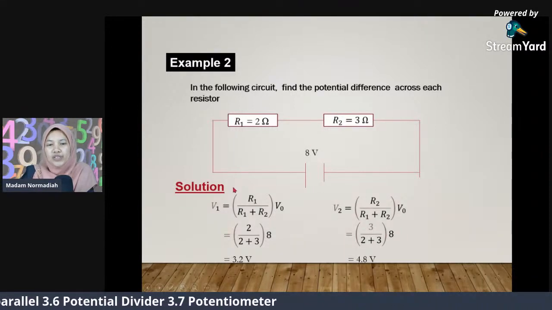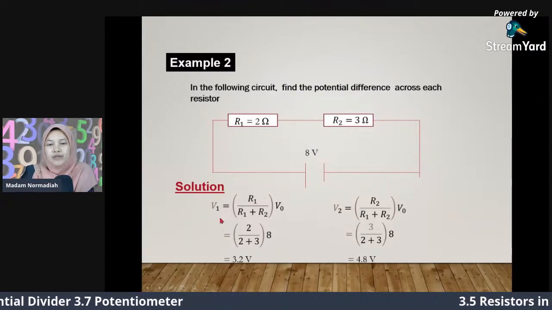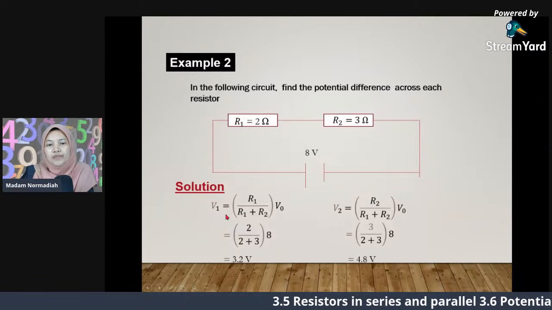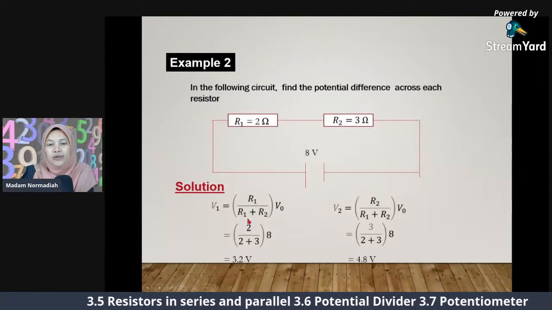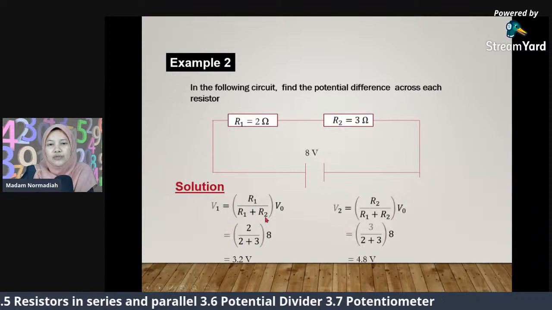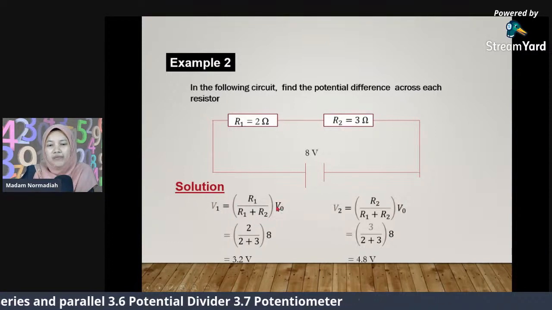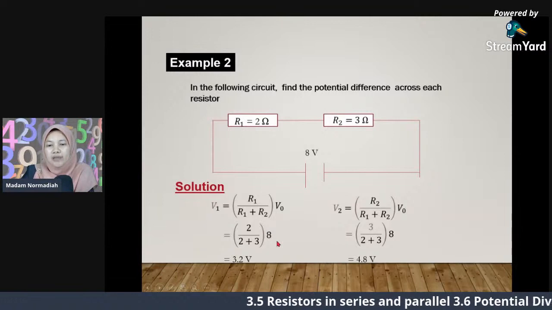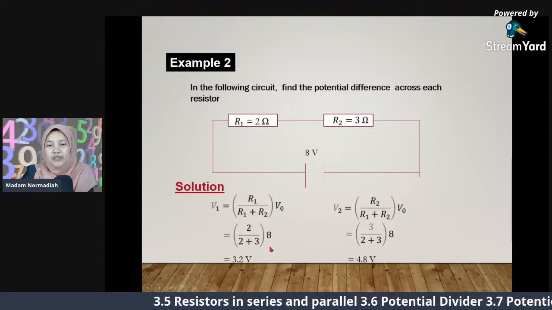According to the potential divider, we just use the formula V1 equals R1 over the total resistance, or R1 plus R2, times the applied voltage. Then you substitute the values of R1, R2 and the applied voltage into the equation.